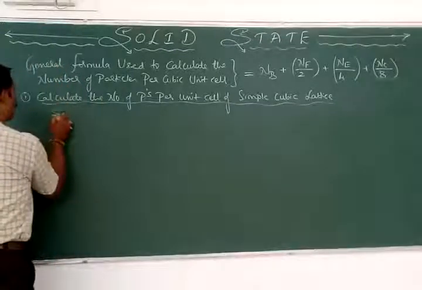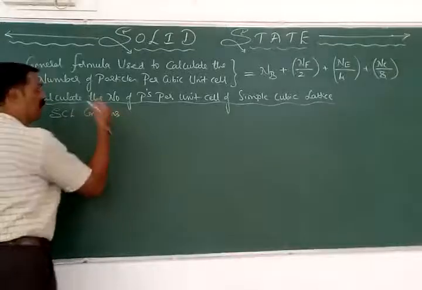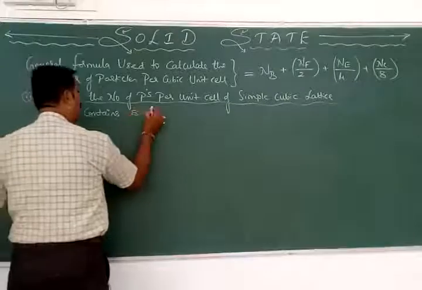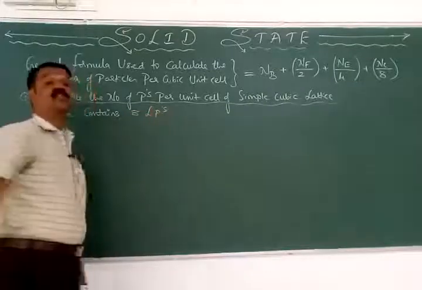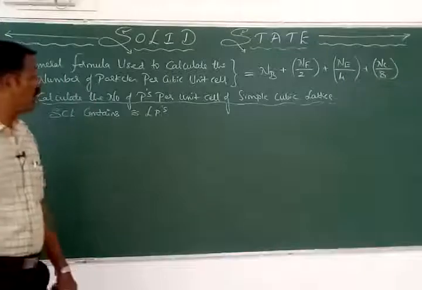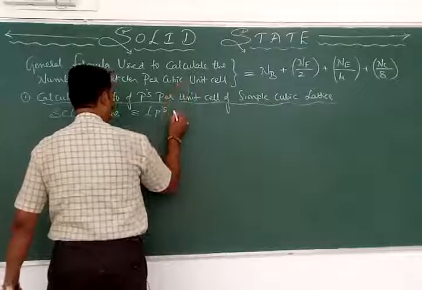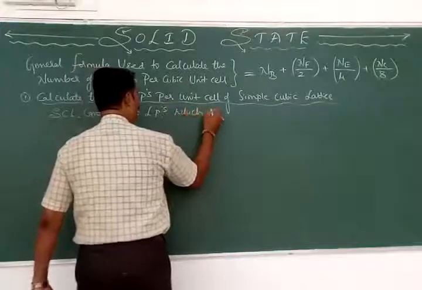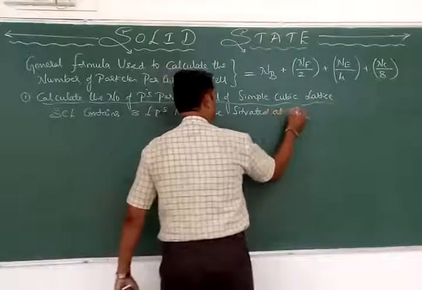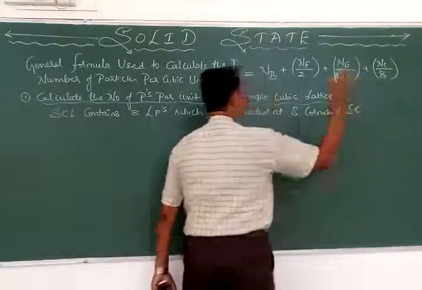So the simple cubic lattice contains 8 LPs. What does LPs mean? Lattice points. How many lattice points do we have? 8 lattice points, which are situated at the 8 corners of the simple cube.